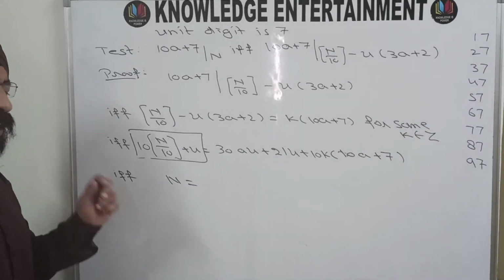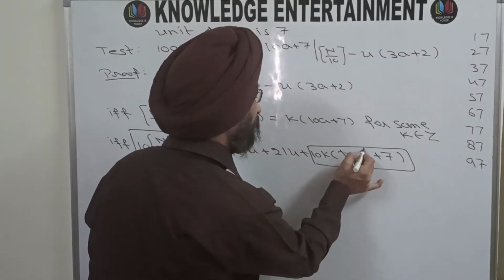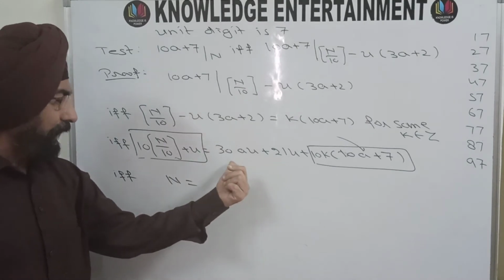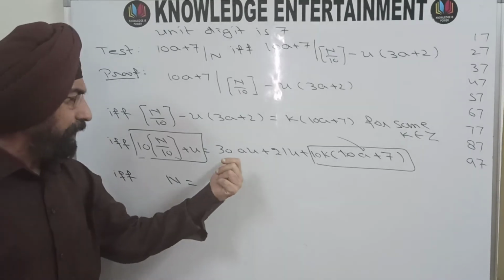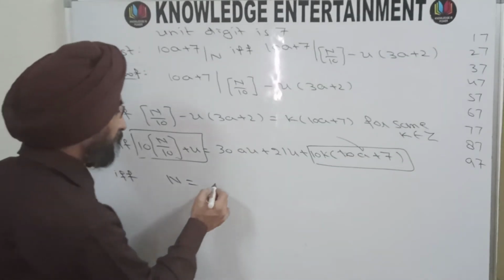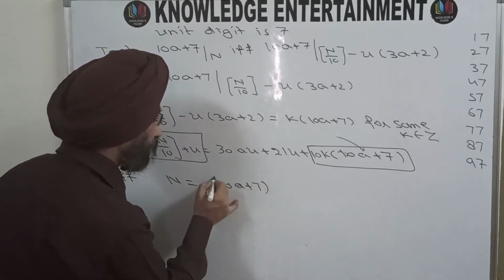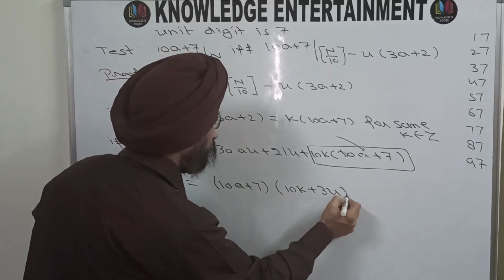On the other side, you are having 10a plus 7 as a factor. Here once again you can take 3u common. So taking 3u common, you will get 10a plus 7 once again here. So this right hand side will become 10a plus 7 into 10k plus 3u.